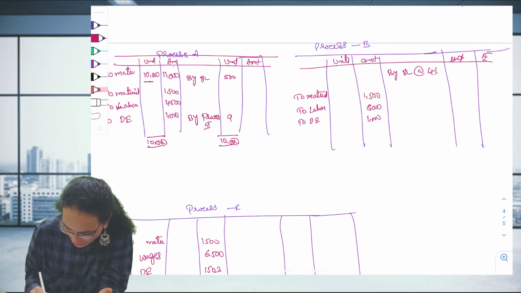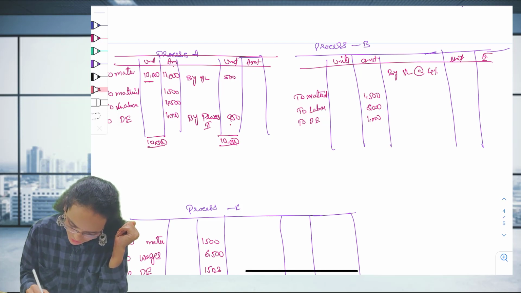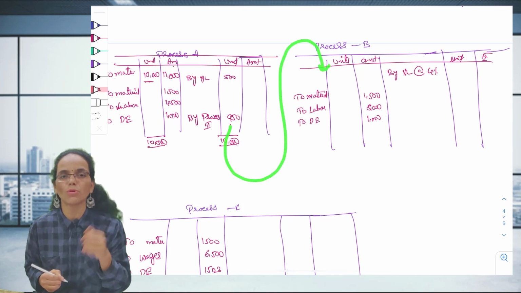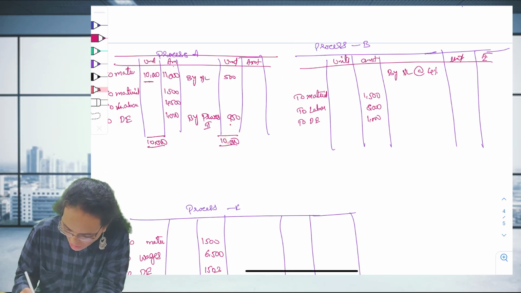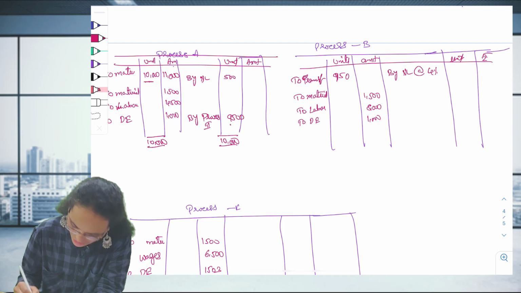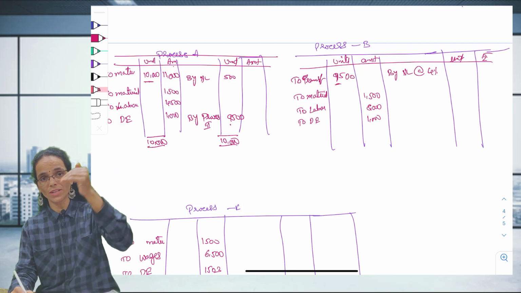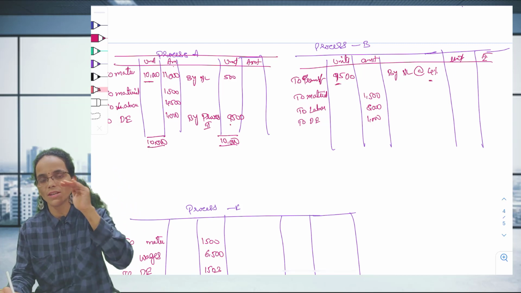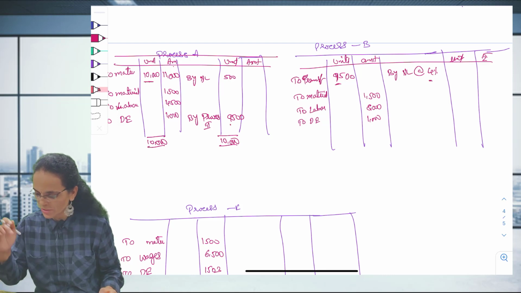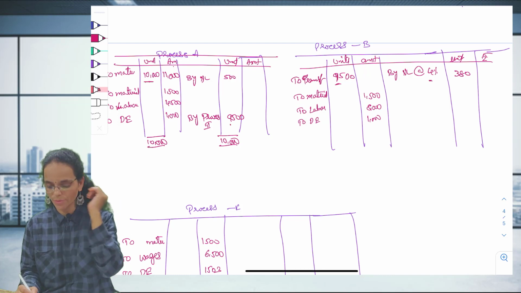These 9,500 units become the input to the next process. From this, 4% is the normal loss. 9,500 into 4% is 380 units, the normal loss units in the second process.